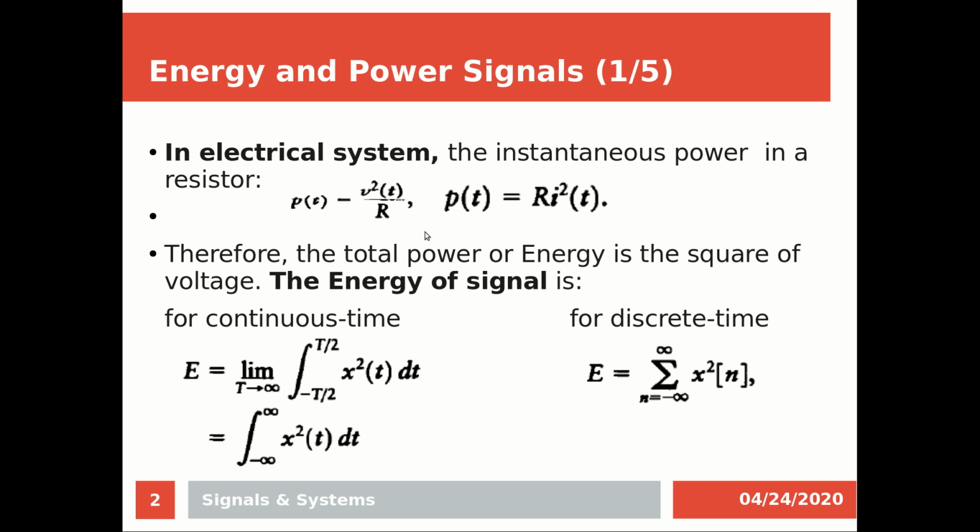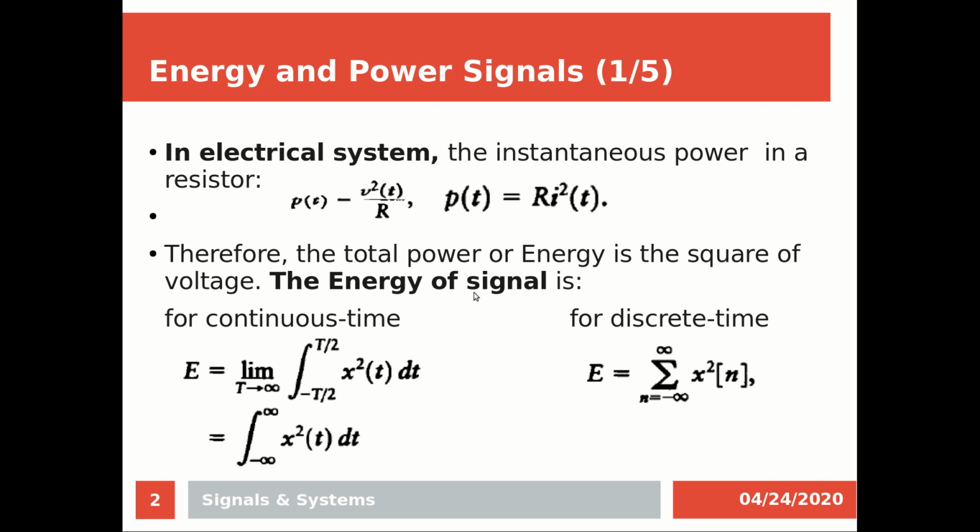So using this concept we usually calculate the energy and the power of the signal as the square value of the signal itself. So make sure and concentrate now. The energy of the system is different from the power.